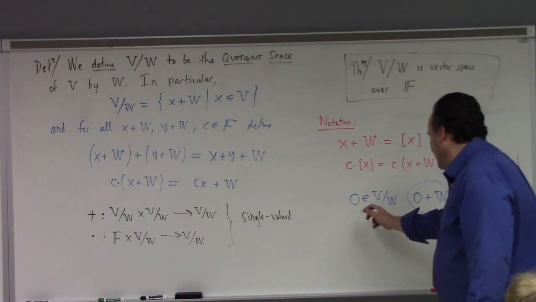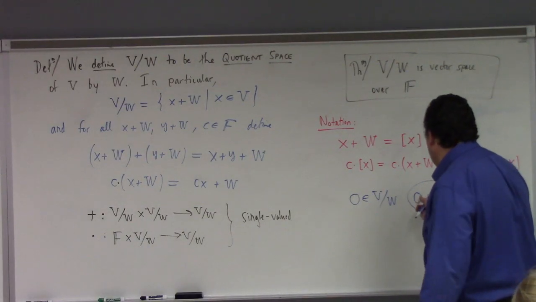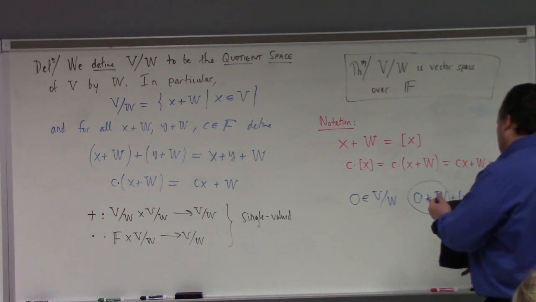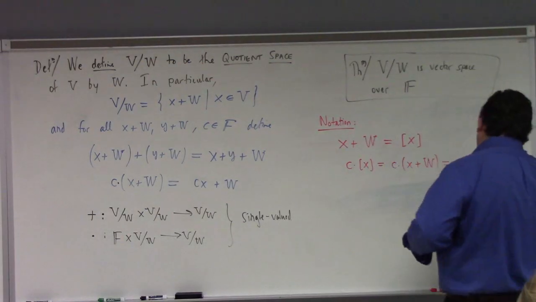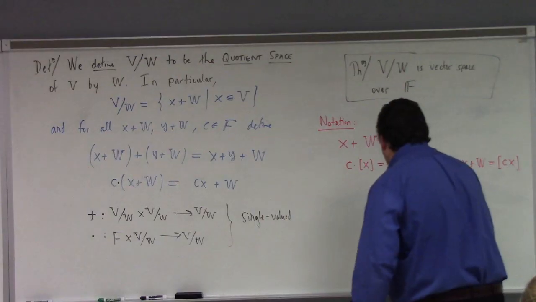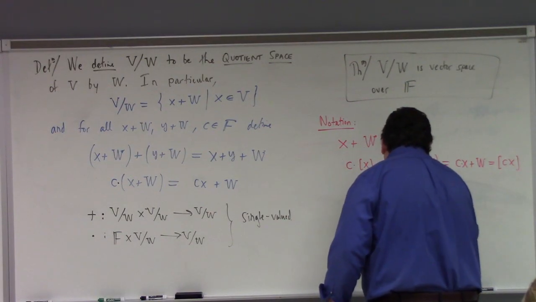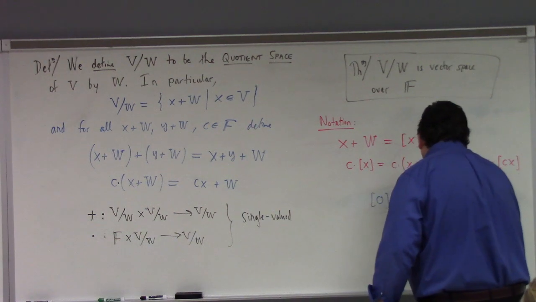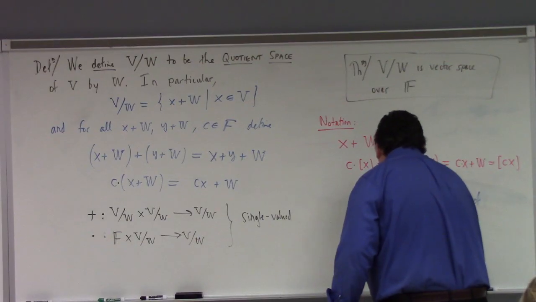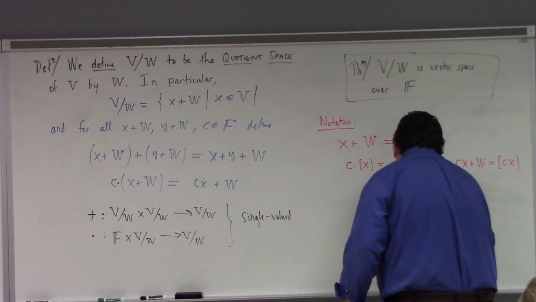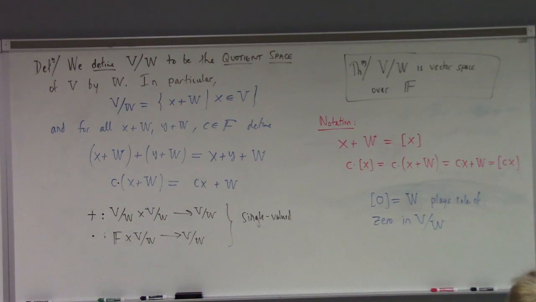What I'm trying to say here is that this, which of course is just W, plays the role of 0 in V by W. And that's easy enough to verify. Try adding that coset to any other coset. What do you get?